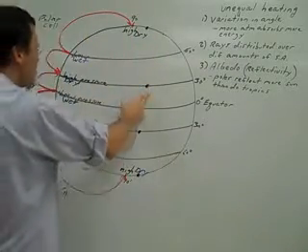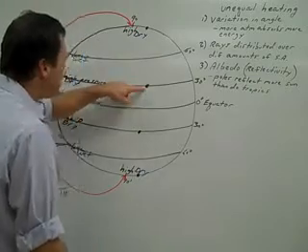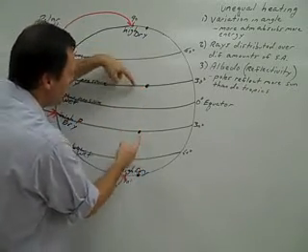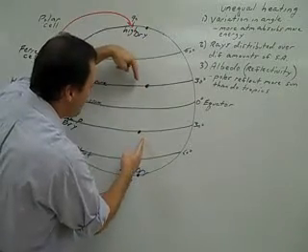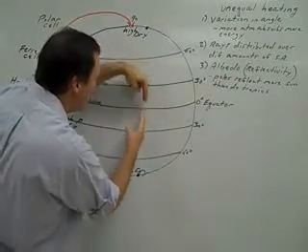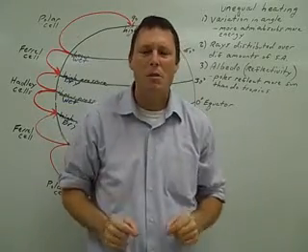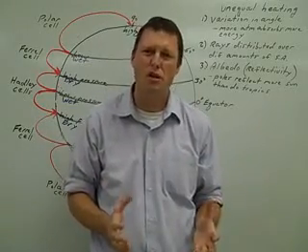So let's take a look at this. We've got high pressure here, we've got low pressure here, and high pressure. We would expect wind to blow into the equator, straight into the equator. But that doesn't quite happen because of something called the Coriolis Effect.